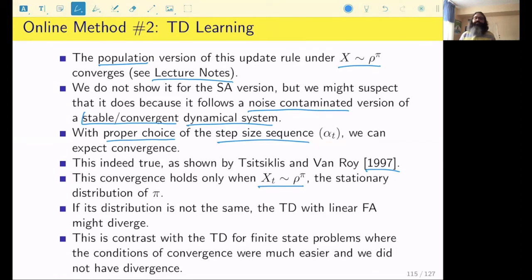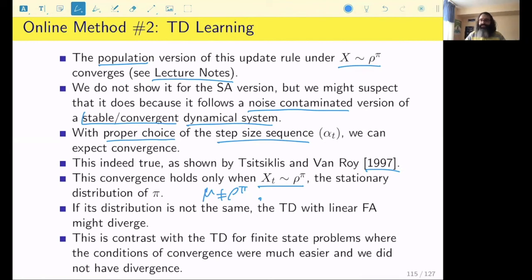If you sample from another distribution, say mu, which is different from rho pi, but you're still evaluating policy pi, you may not converge, and it might actually diverge. Compared with the finite state case, where we had much more relaxed conditions, converging if we visited each state infinitely often, here the distribution of visiting states should be the distribution of the policy we are evaluating.